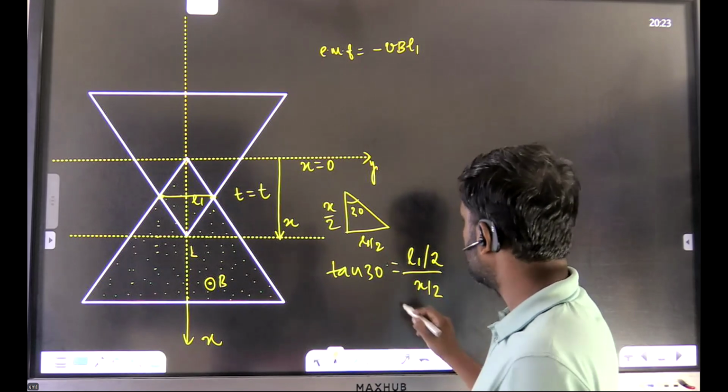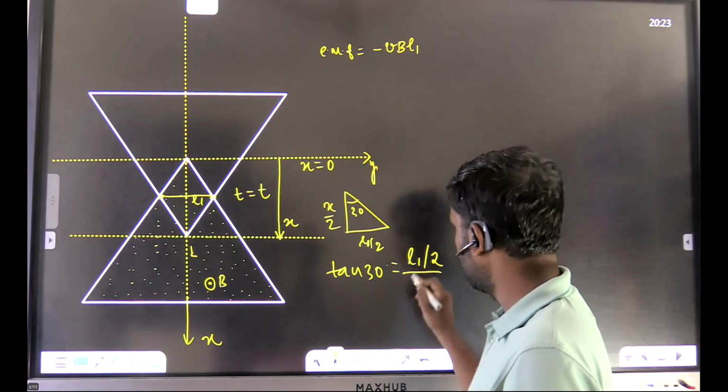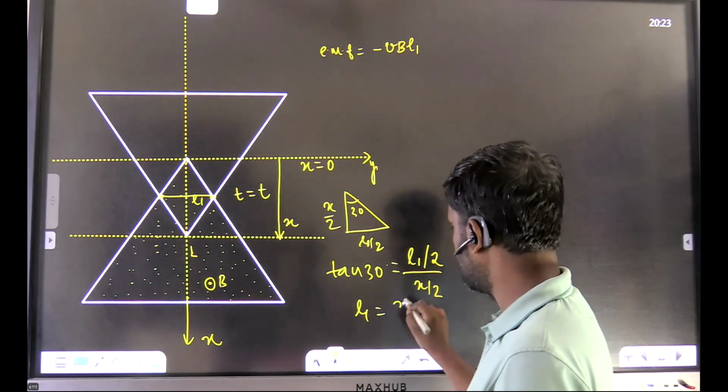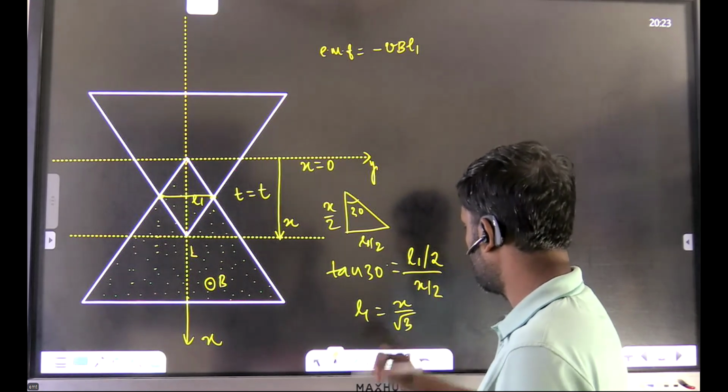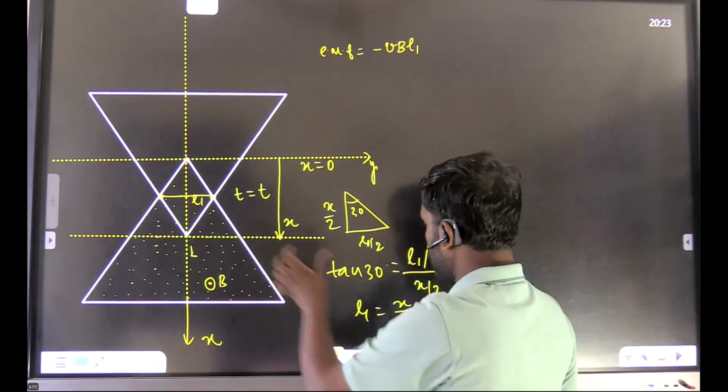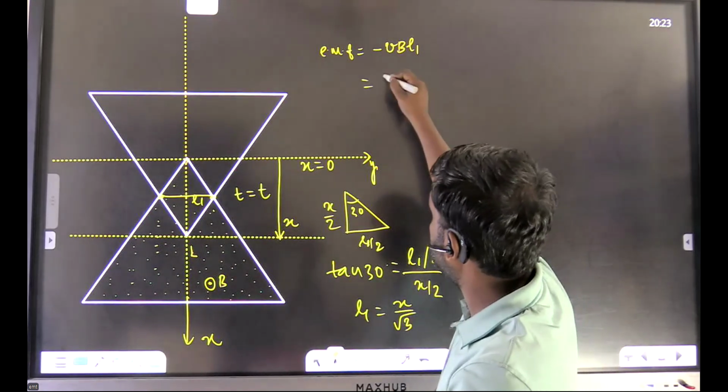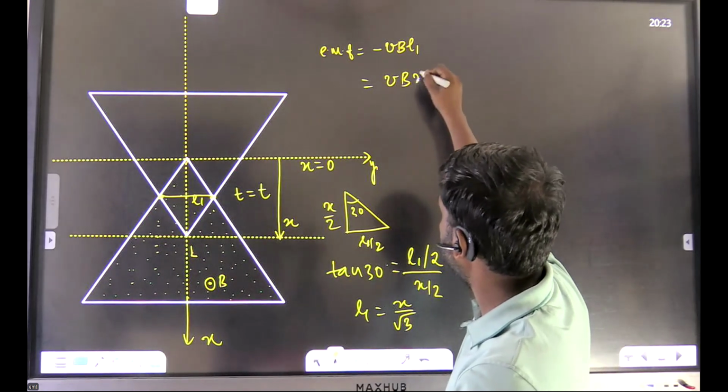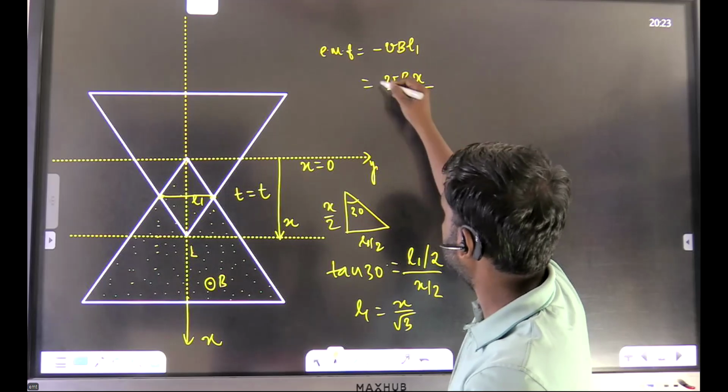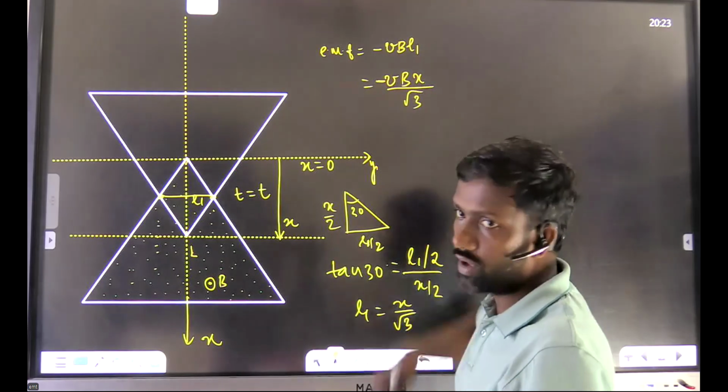So 2 and 2 will cancel out, and you will get L1 equal to x divided by root 3. So the value of L1 we have obtained. So EMF can be written as V B x divided by root 3, with a negative sign. That is the value of EMF.